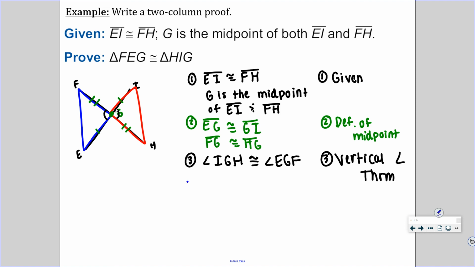So then we can prove finally our triangles are congruent by what, folks? SAS. Side angle side. Boom.